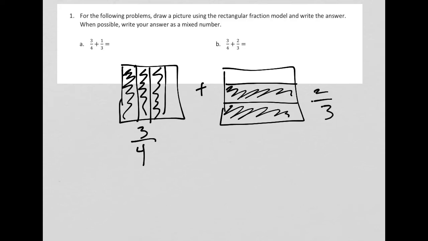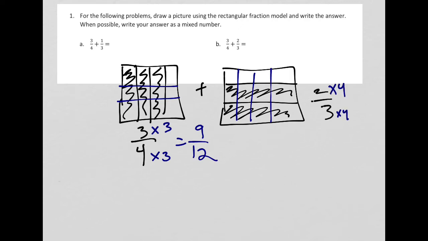Now I need to find equivalent fractions because 4 and 3 are not the same denominator. So I'm going to take my 3/4 and I'm going to split it into thirds. So I get 9/12. And I'm going to take my 2/3 and I'm going to split it into fourths. So we're going to times by 4, and we get 8/12.